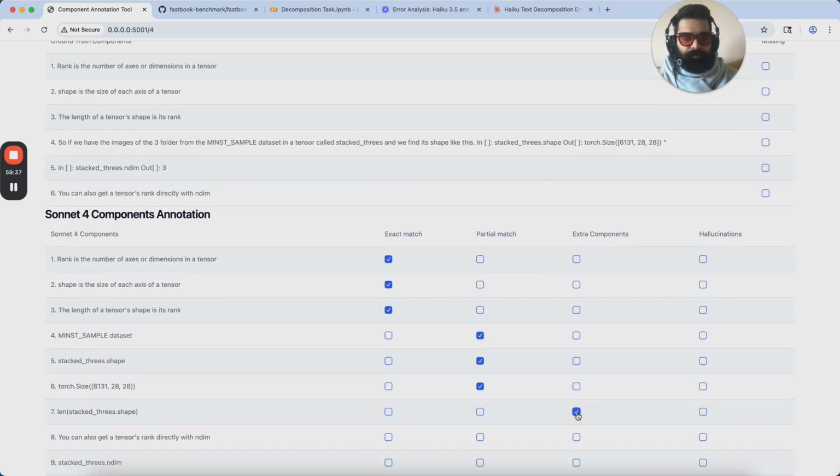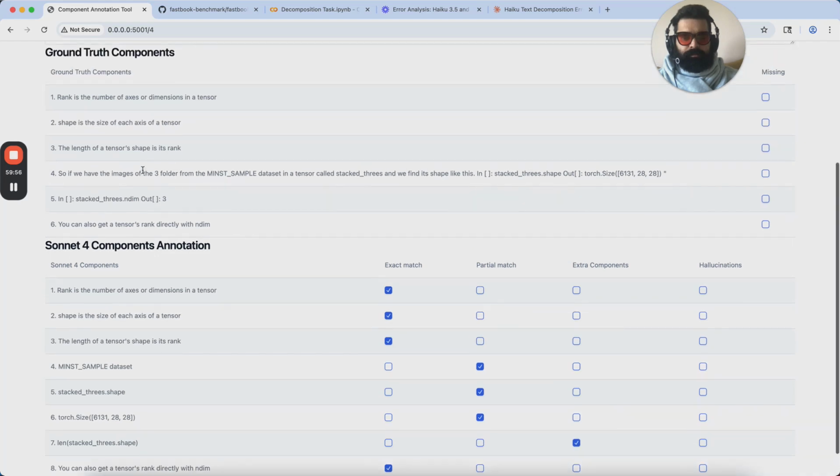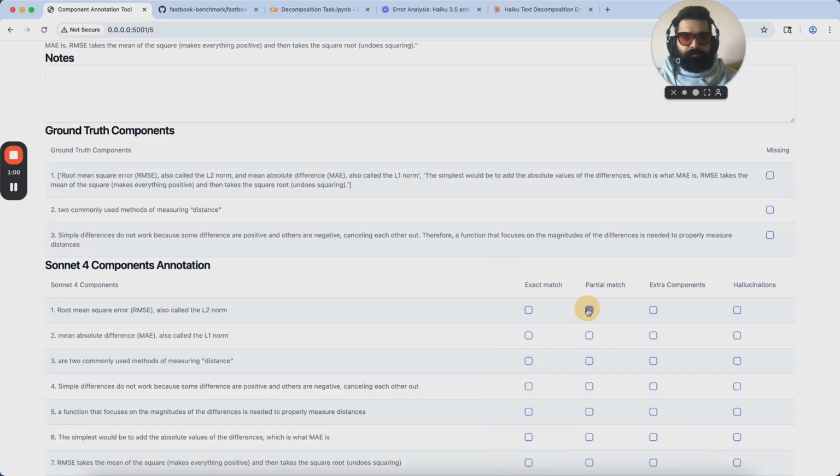So that's extra, exact, and this is, call it exact because it's close enough here. And I think that's it. This is partial, partial. This is exact. This is partial, partial, partial, partial, and no missing.